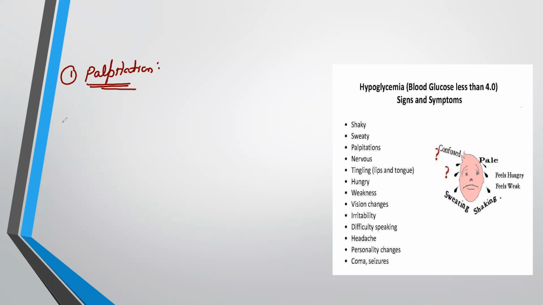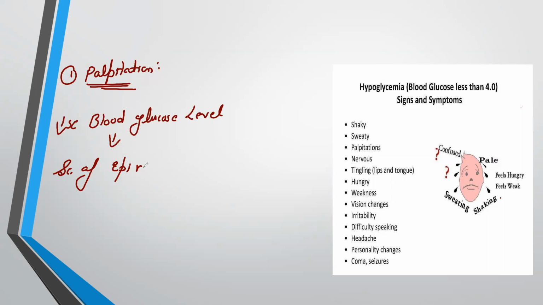When there is a decreased blood glucose level, that leads to secretion of epinephrine and norepinephrine. It is due to the activation of our sympathetic nervous system.